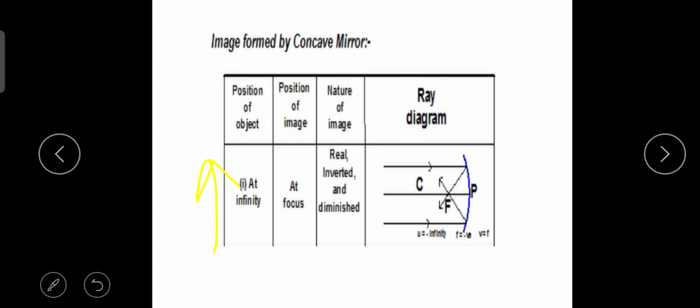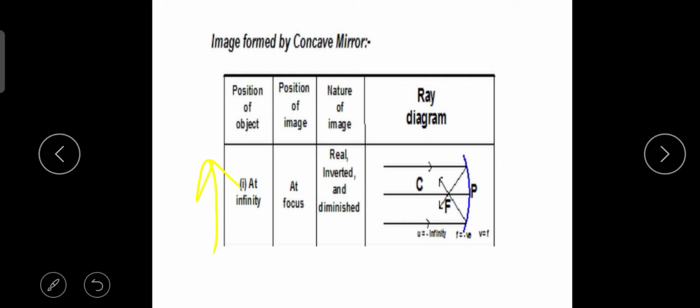Since the rays are reflected back through the principal focus, both the light rays intersect, crossing each other at that point, so there is only a point intersection. The image formed will be very small, and it is a real image since it is formed in front of the mirror. It will be an inverted image, and a small diminished image since it is a point.